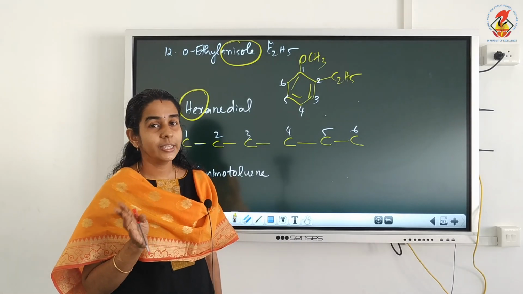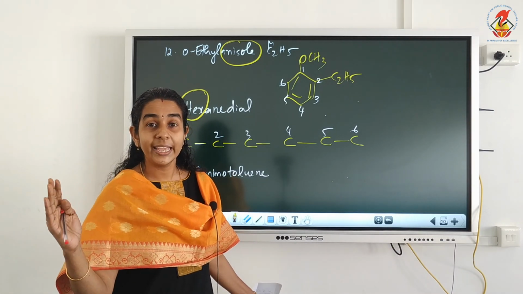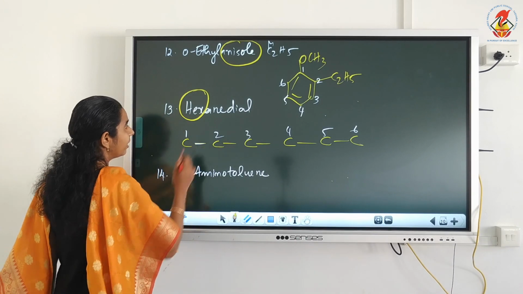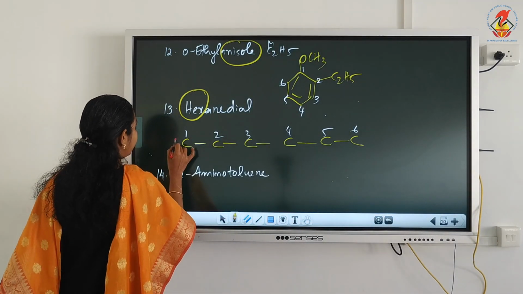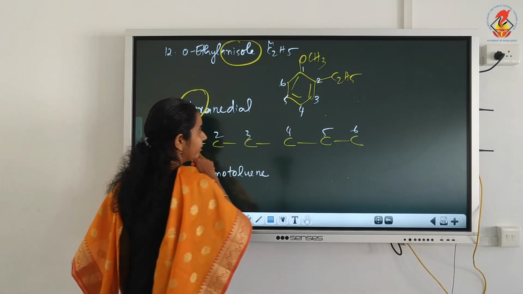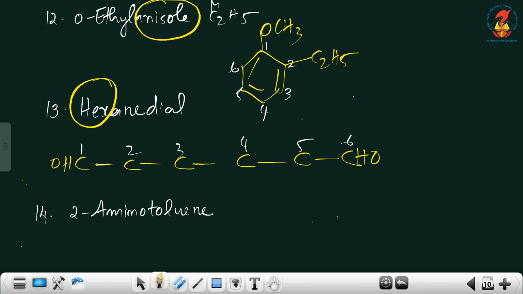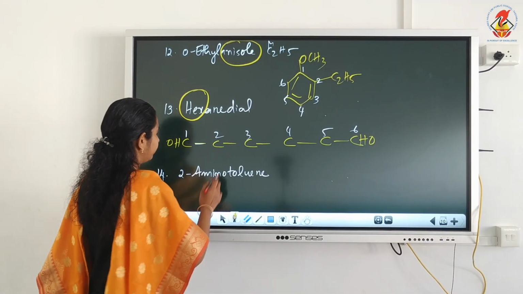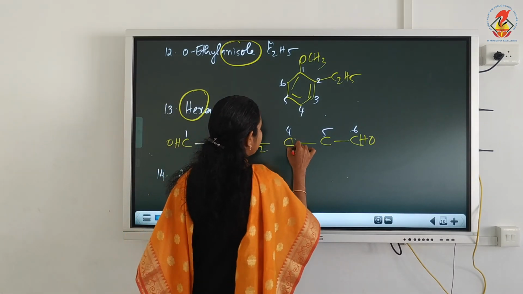All these are terminal functional groups. They can be present only at the ends. So here dial means there are 2 aldehydes. So how will the positions of these 2 aldehydes be? Here we have only 2 terminal carbons, 1 and 6. So the 1st and 6th carbon atoms are aldehydes. Nothing else to write. So CH2, CH2, CH2.